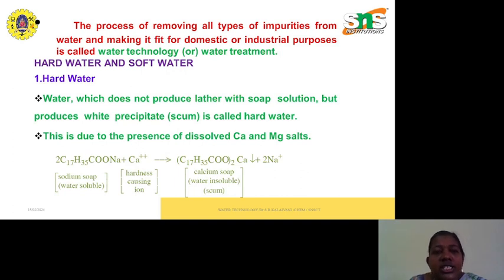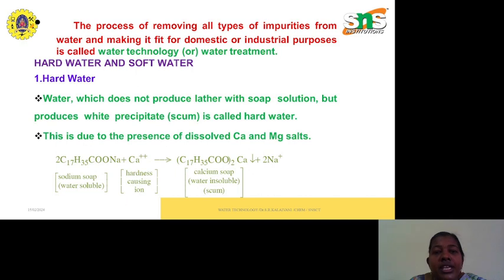So hard water does not produce lather. At the same time, it produces a white precipitate, that means scum. The reason for the hard water is, for example, soap solution. Calcium is the hardness producing substance. Sodium stearate, that means soap, 2C17H35COONa, this is the soap, plus calcium 2+ ions, that means hardness producing salts.